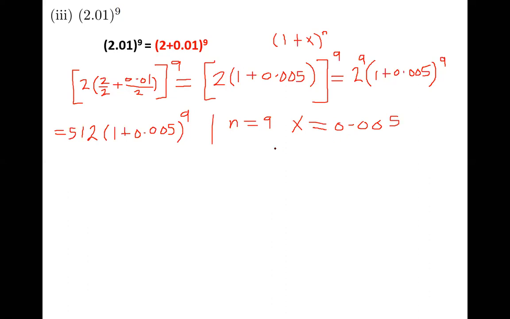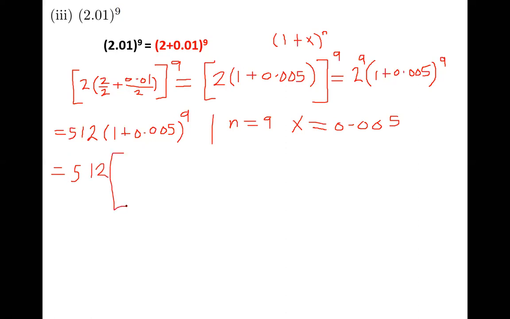So after that, we can now expand this. It is after expanding this part that we multiply it with 512. Remember, you don't have to expand everything here. You just have to end on the third term.